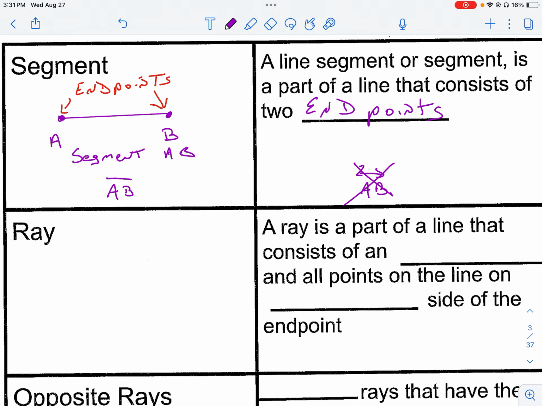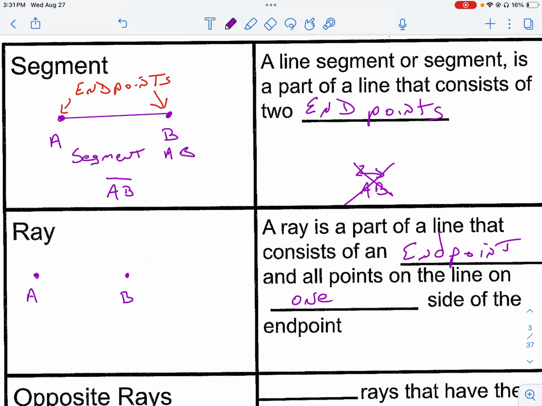Rays, like a ray of sunshine. A ray is part of a line that consists of an endpoint, and all points on the line on one side of the endpoint. So let's go back to our AB and see what that looks like.